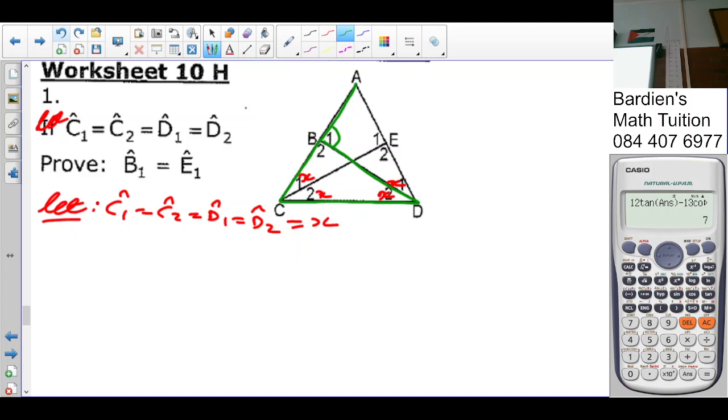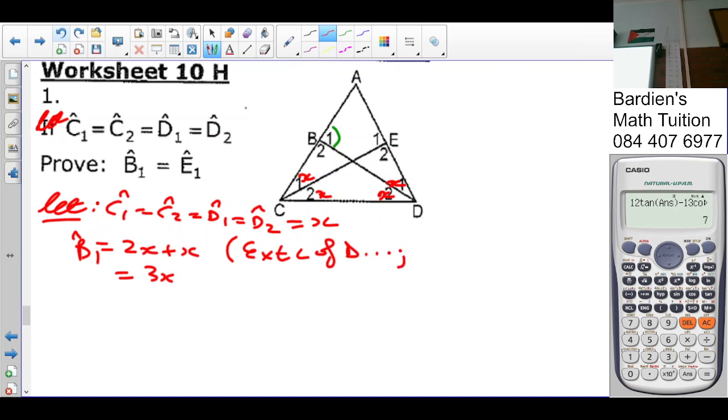You will agree with that? So we're saying B1 is equal to 2x plus x, which is 3x, so I could have just written 3x. Why? Because that's the exterior angle of triangle BCD. So this angle now is 3x.